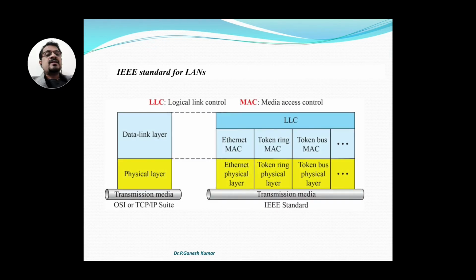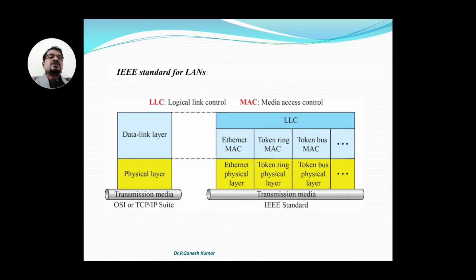In this layered architecture, whether it is the OSI model or the TCP/IP protocol suite, the physical and data link layers are very common. We all know that the data link layer is divided into two sublayers: logical link control and medium access control.